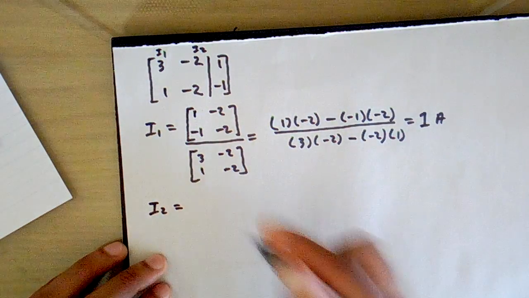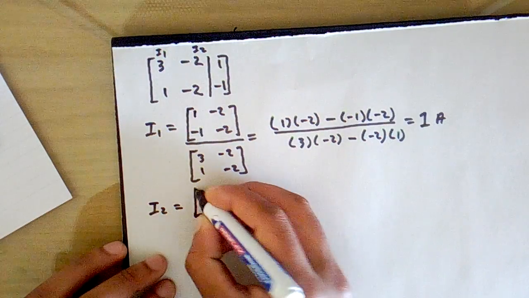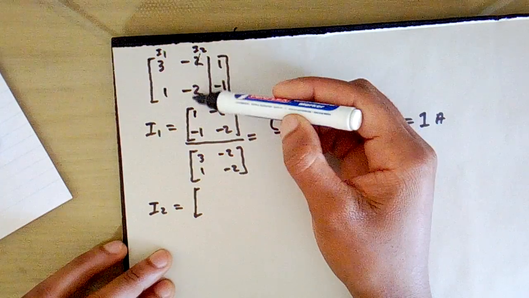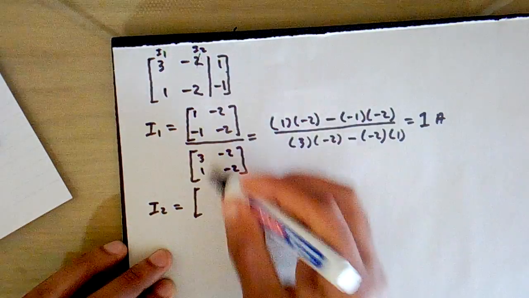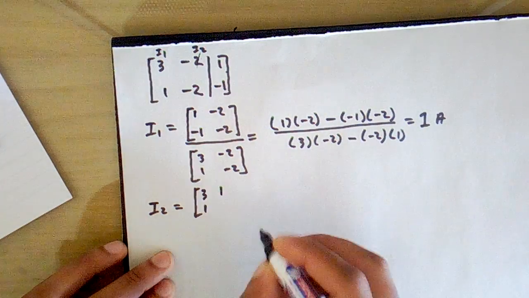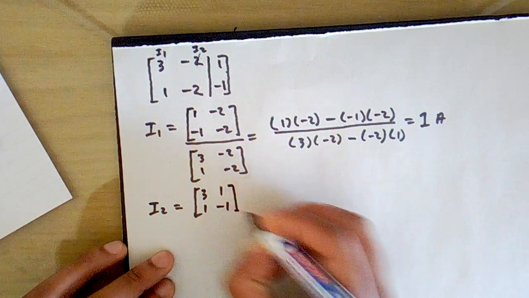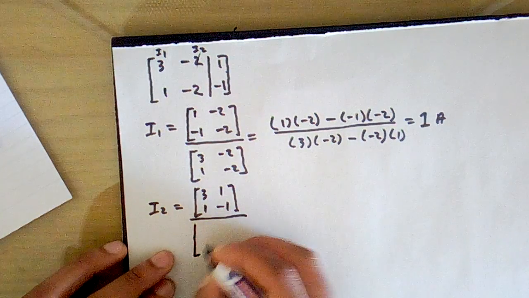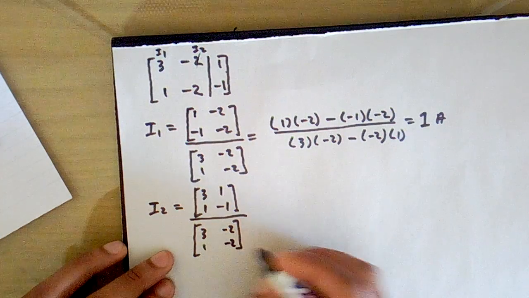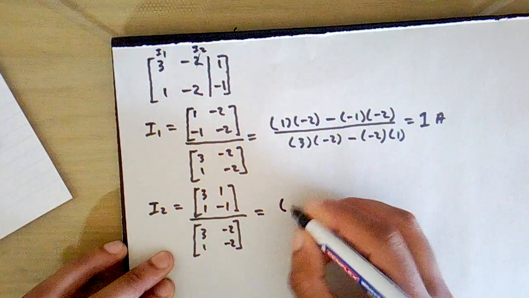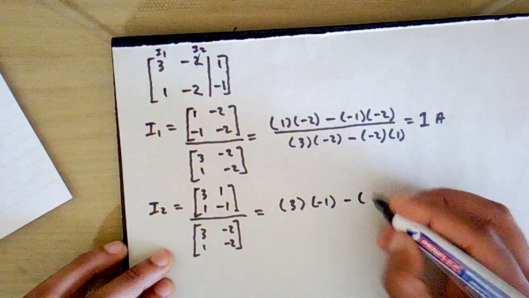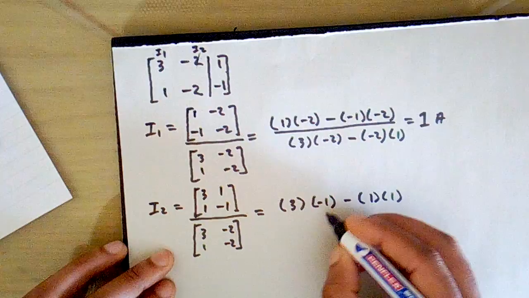Now we're looking for I2. We replace the column of I2 with the constants column. So we're going to have 3 and 1, and 1 and negative 1, over 3, negative 2, 1, negative 2. This is 3 times negative 1 minus 1 times 1.